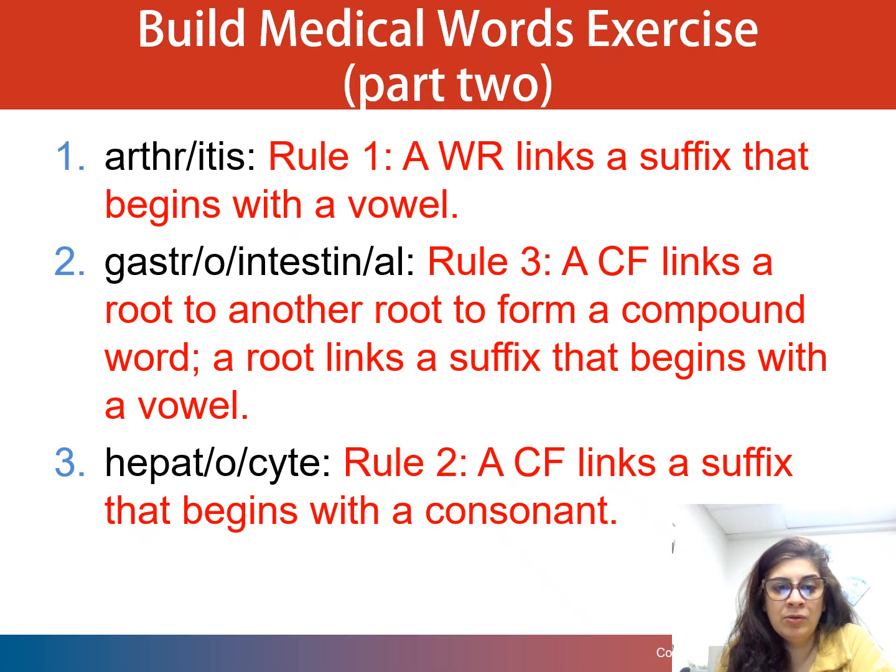Gastro is also a word root, and so is intestine. So they are combined with the combining form. So we have a compound word root, and it is linked by a suffix that also begins with a vowel. Hepatocyte is another rule where a combining form links a suffix that begins with a consonant. So that would be hepatocyte. This is the easiest rule. I like this one.